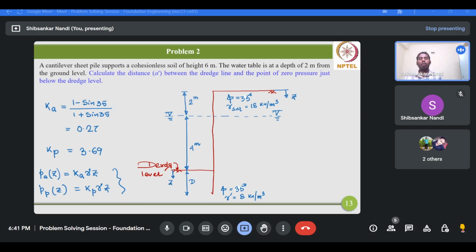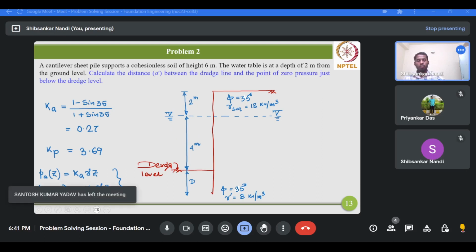When we go below the dredge level, for this portion we have to consider Z from this line, because in this portion there is no soil. This is the void part. So this is the variation of PA and PP with Z, for the active and passive earth pressure distribution.